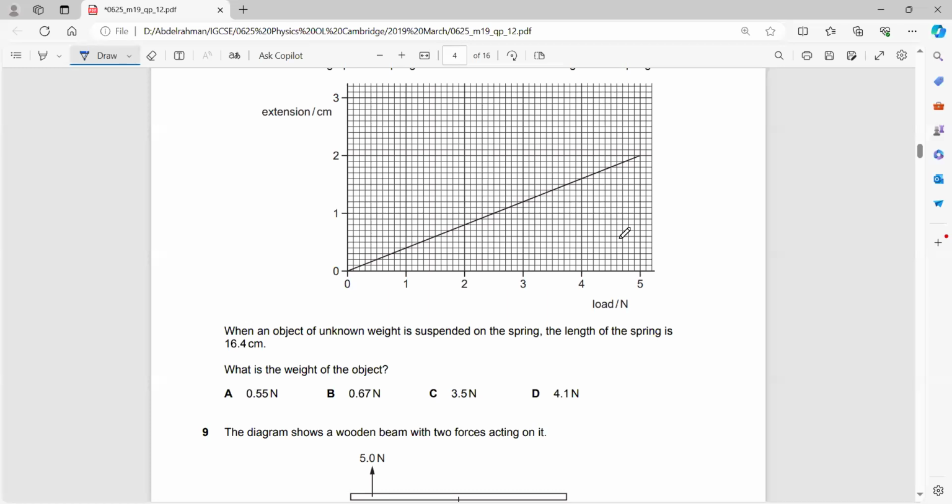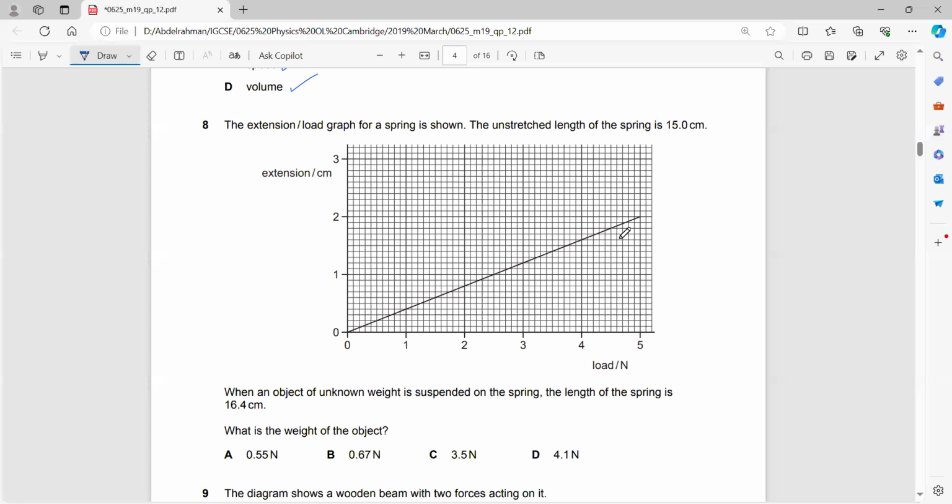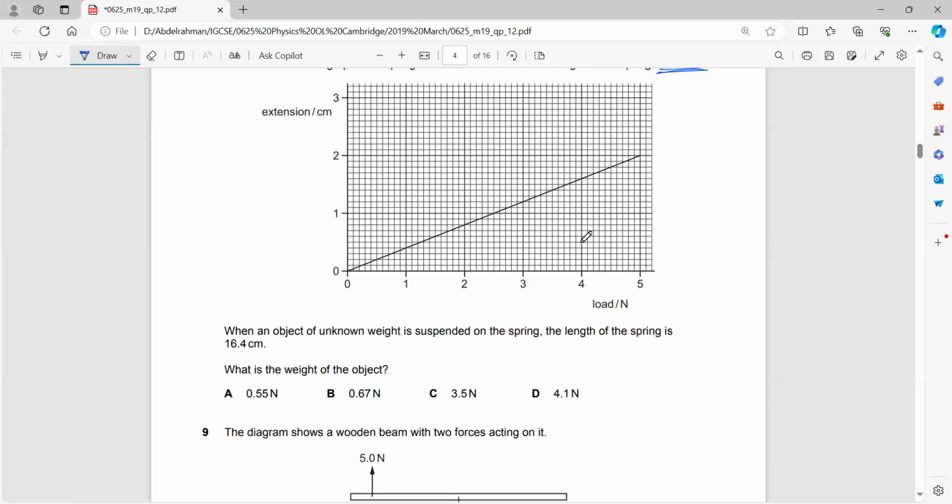When an object of unknown weight is suspended on the spring, the length of the spring is 16.4 centimeters. What is the weight of the object? The unstretched length of the spring was 15 centimeters. Can you find the extension? Yes, it would be quite simple.